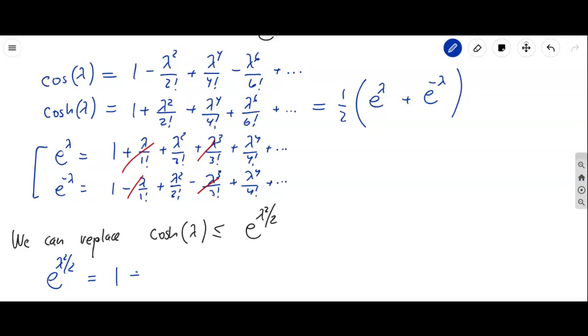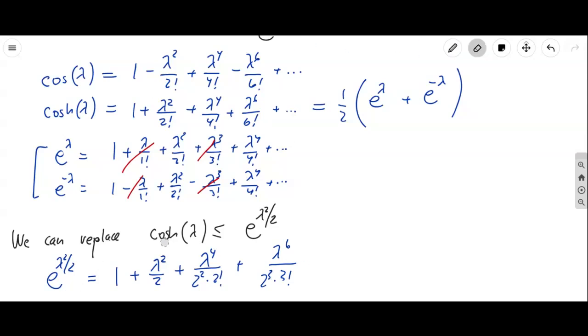So you would have 1 plus lambda squared over 2, then plus lambda to the 4 over 2 squared times 2 factorial. It's 2 factorial because we're putting in lambda squared. And then with lambda cubed, you will have lambda to the 6th over 3 factorial times 2 cubed, and so on.